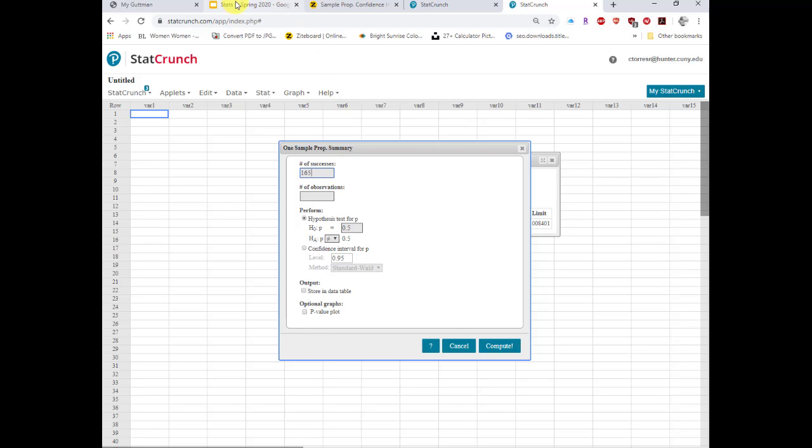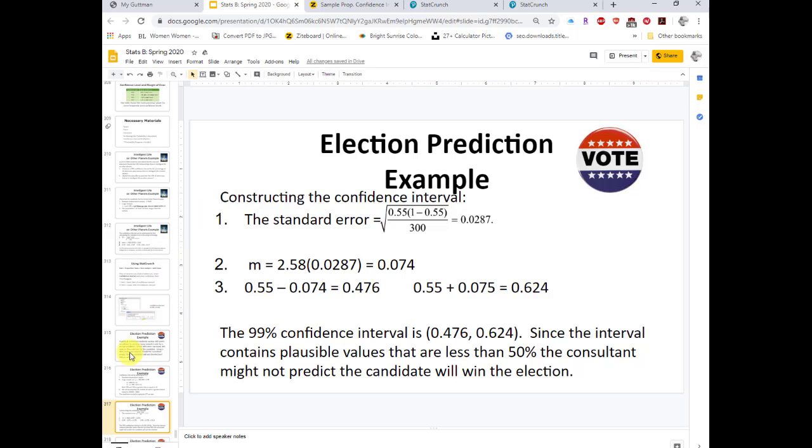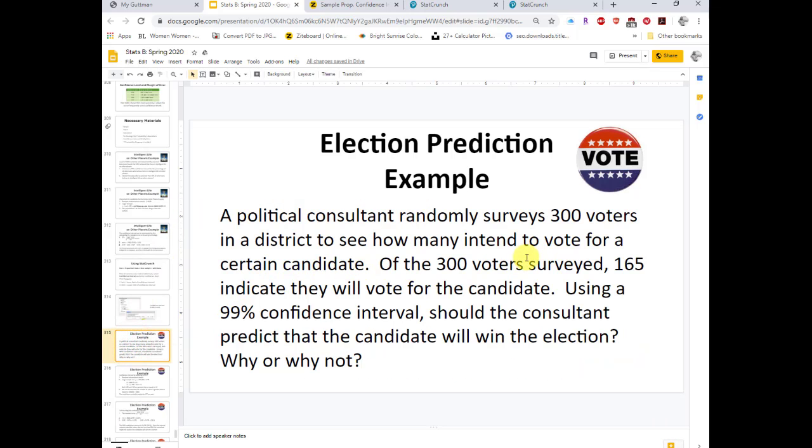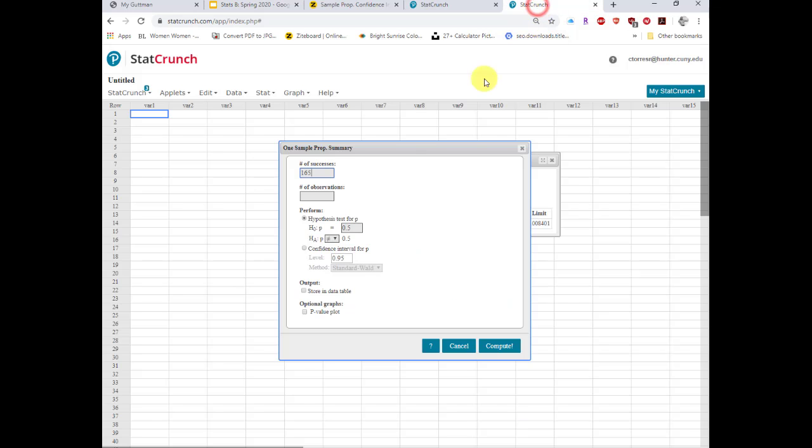Because we had 165 people of the 300 voters voted for the candidate that they were interested in seeing win. There were 300 observations. And this time, they were interested in a 99% confidence interval level.